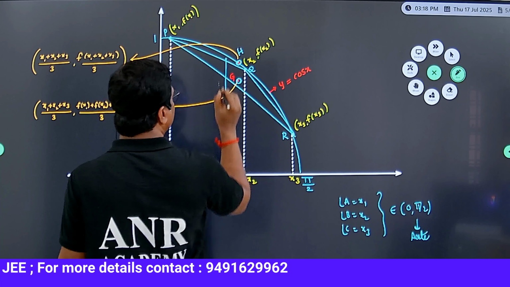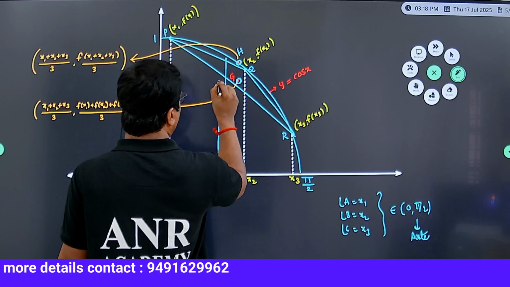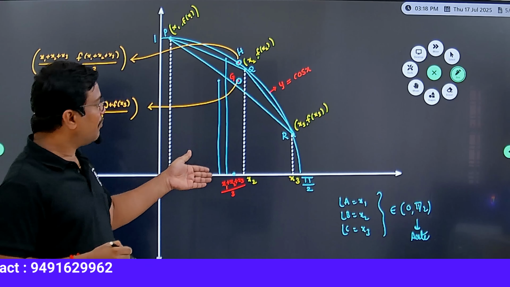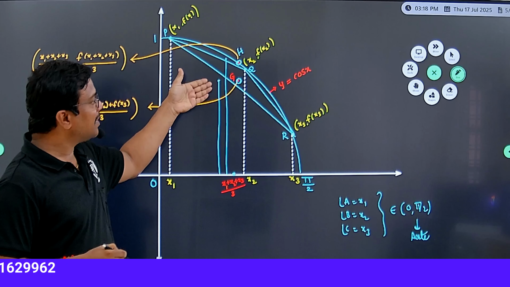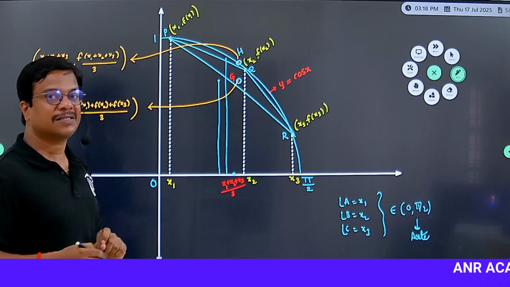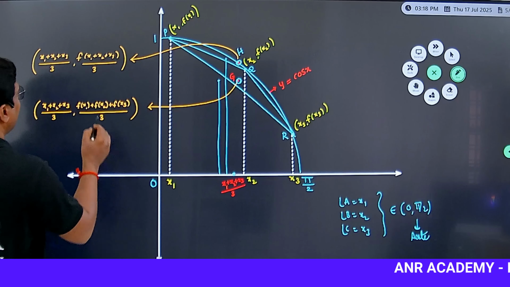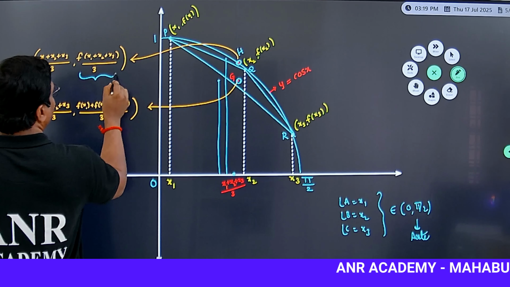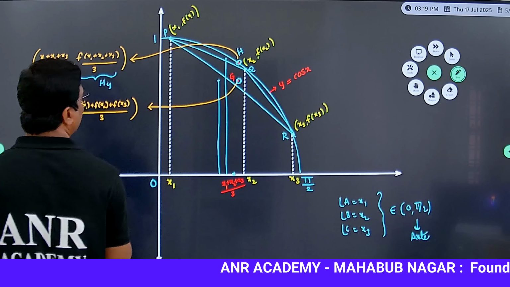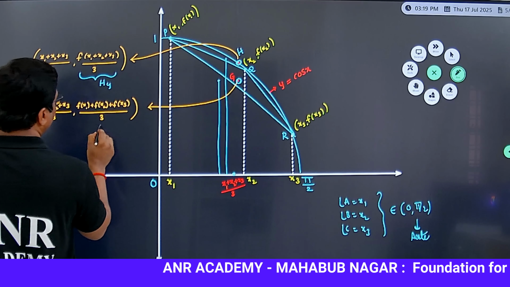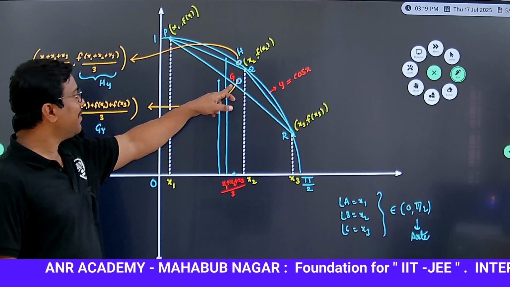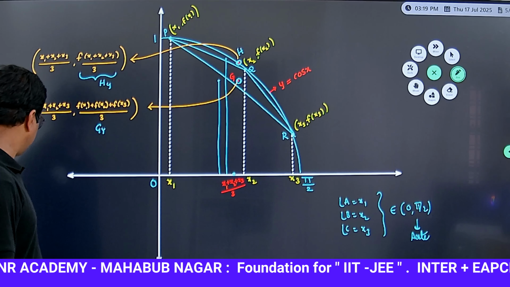This is up to H. This is the height of the point G. The y coordinate of G is less compared to the y coordinate of this point H. So this is clearly the y coordinate of H, and this is the y coordinate of the centroid. Clearly GY is less compared to HY.